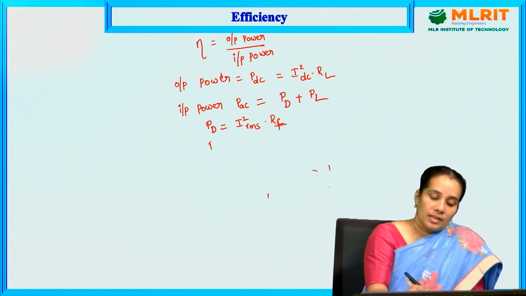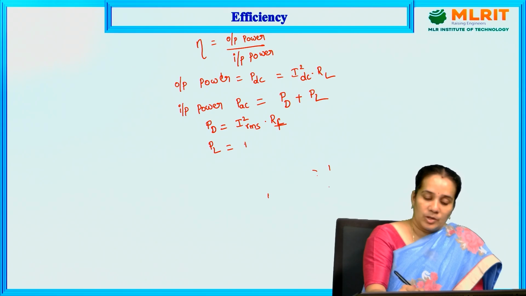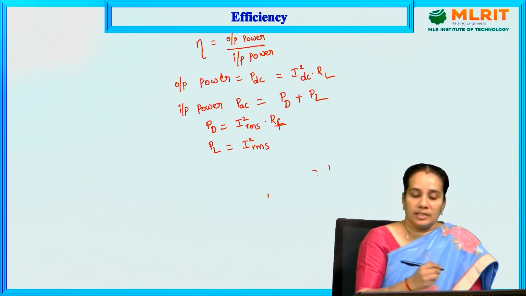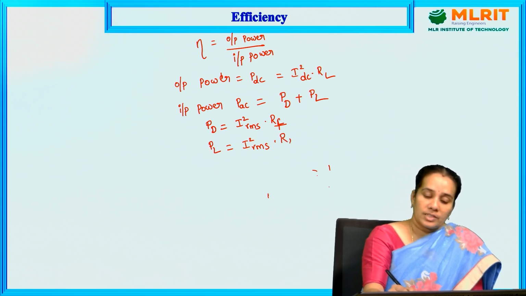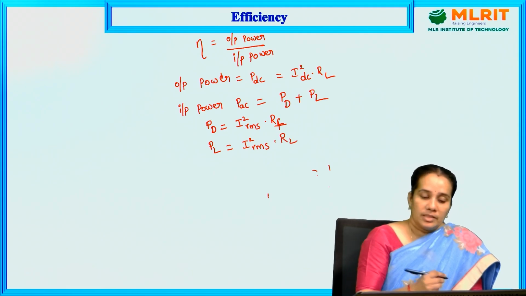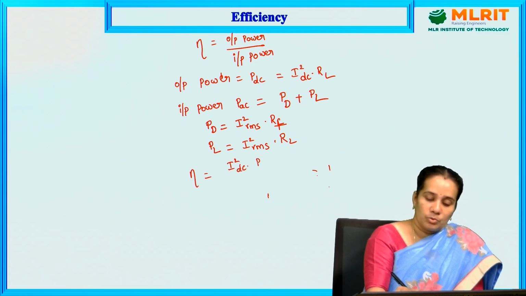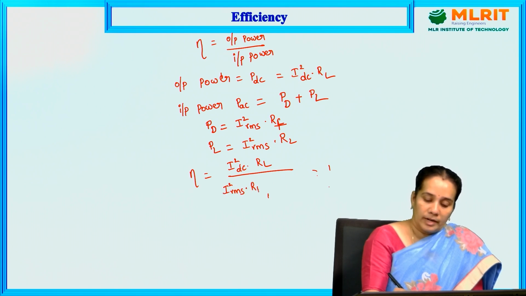Next, load power: here also we are calculating the AC power, so the current is also the RMS current into the load resistance. Then what is the value of eta? Eta is equal to I square DC into RL by I square RMS into RF plus I square RMS into RL.